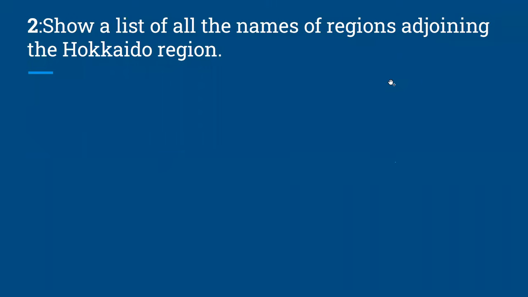Second one: show a list of all the names of regions adjoining the Hokkaido region. What is the meaning of the word adjoining here? It means the list of all names of regions that touch the Hokkaido region, actually the neighbors of that Hokkaido region. So we can use the function touches.